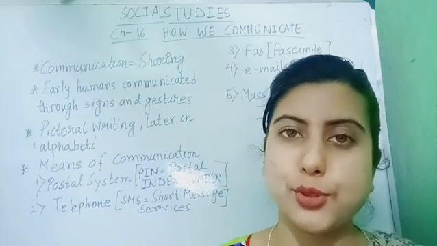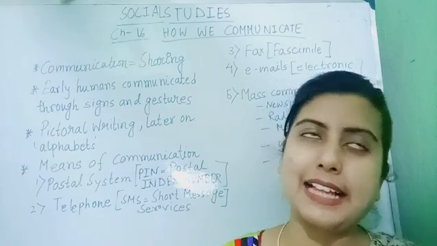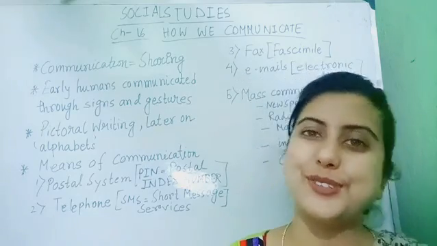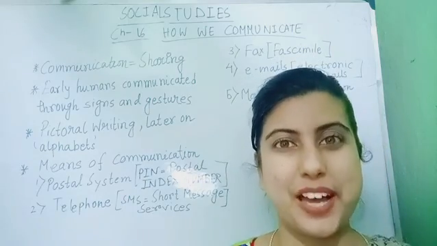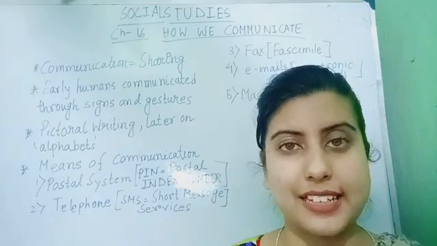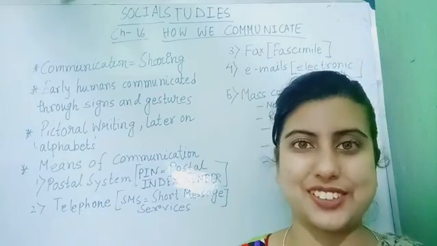What we have to do? We have to dial their number and the telephone service will take us to that number and we can talk to the person over phone. This is one of the fastest modes of communication.